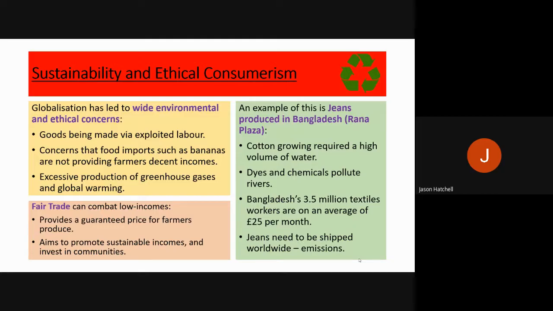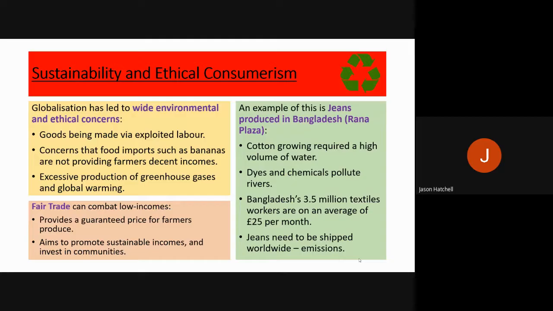A good example, of course, of these issues is the production of jeans that we all wear in Bangladesh. And particularly, we think here about the example we looked at for this, which is the Rana Plaza incident. Okay. And so, for example, cotton requires a high volume of water, about 13,000 litres, to create the jeans that we need.